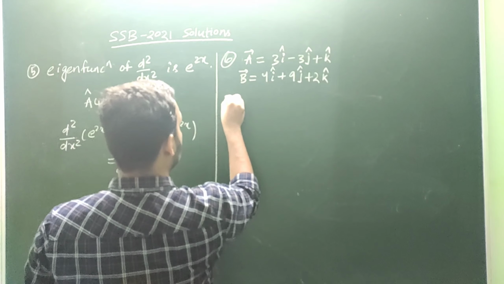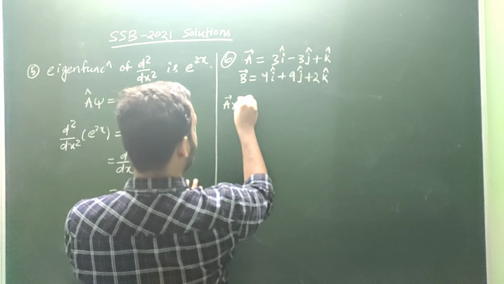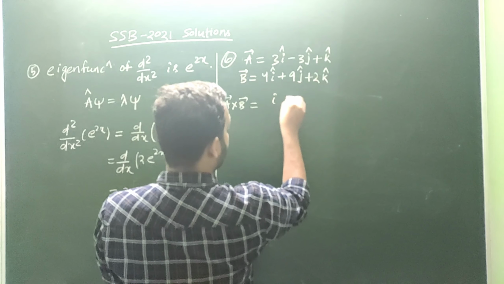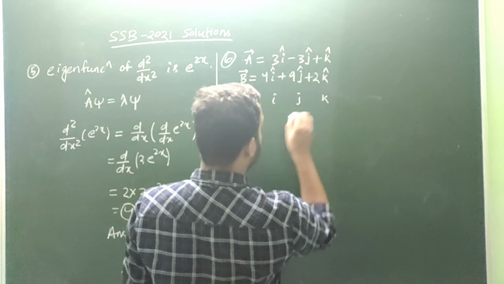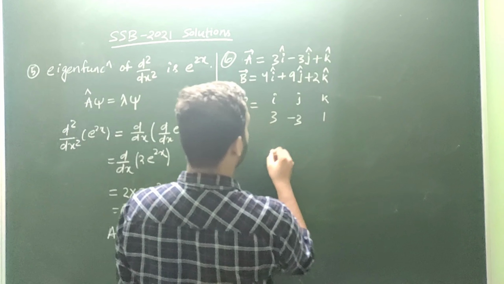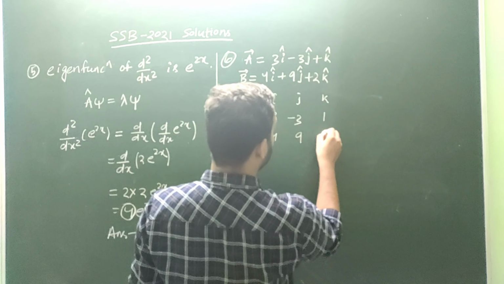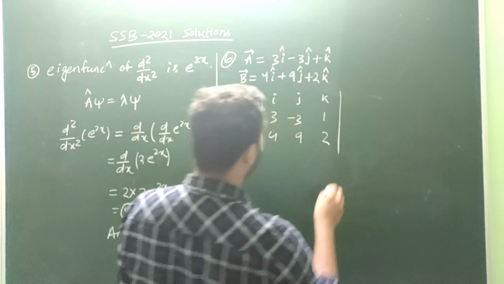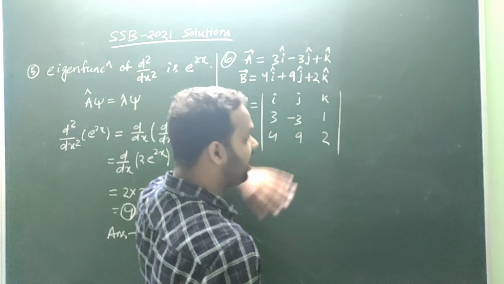You know, the cross product is written as the determinant with rows i j k, 3 minus 3 1, 4 9 2. This is the formula for cross product between two vectors.